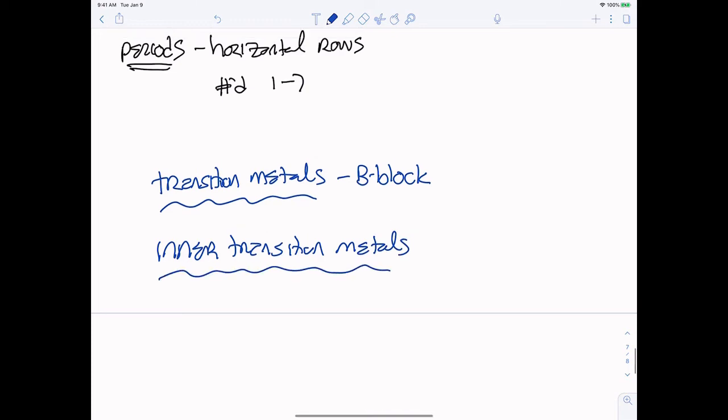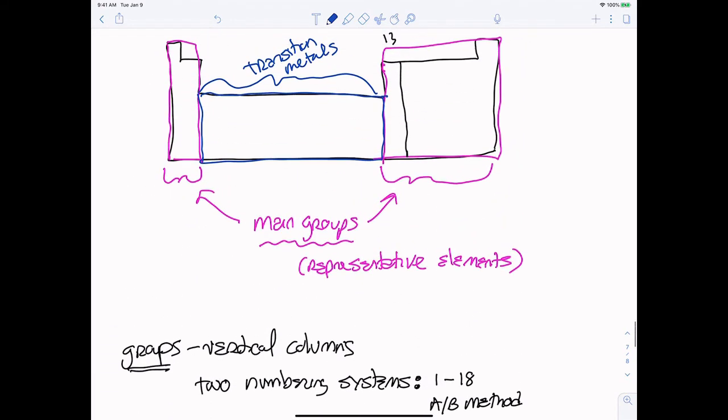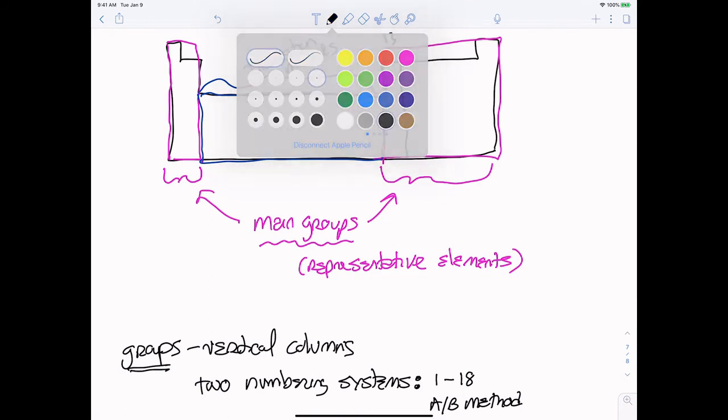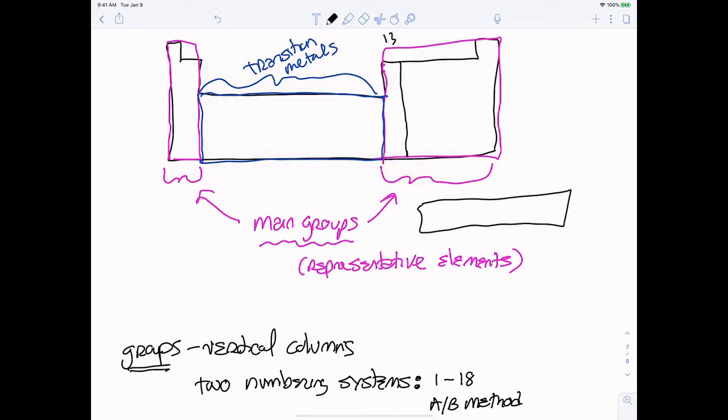That's the other designation. If we go back up, I didn't really draw them here. They're the two that are down here. Sorry, that's so messy. Inner transition metals.